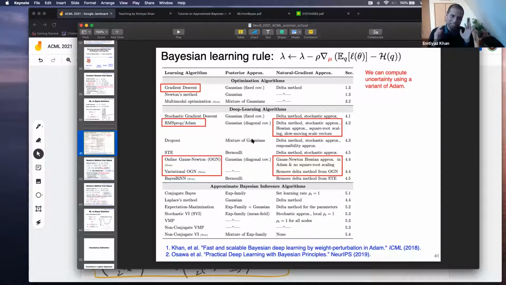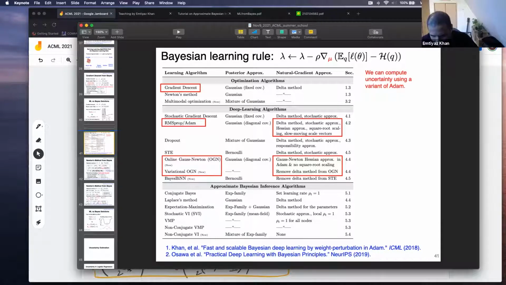So whenever you have a second order optimization method, it has to be associated with Gaussian, and that's the theory here. Okay, so all methods that use second order condition can be explained with Gaussian based approximation if it's not exactly Gaussian. And then there are others that can be done with Bernoulli and some other approximate Bayesian inference methods. They are using exponential family.